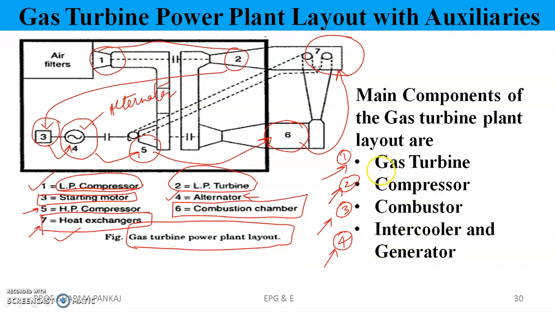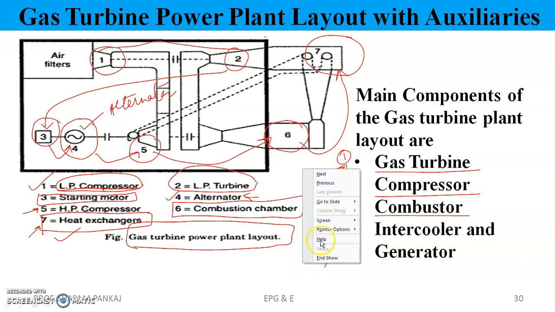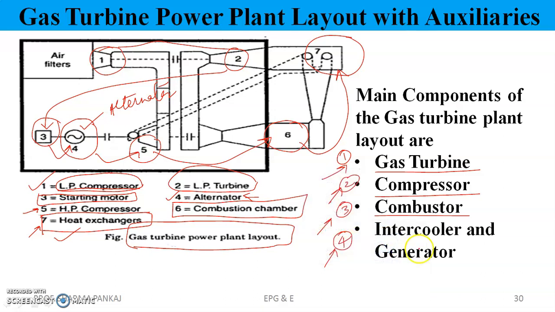Let us repeat it once again. The first one is your gas turbine, the second is your compressor, the third is your combustor, and this is your intercooler and generator.